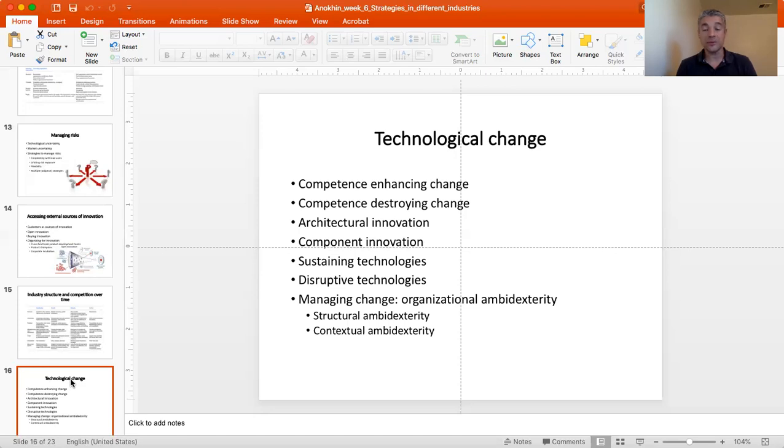In terms of organizing for ambidexterity, there are two possible ways. One is the so-called structural ambidexterity. You may simply create units within an organization that deal with certain new technologies.